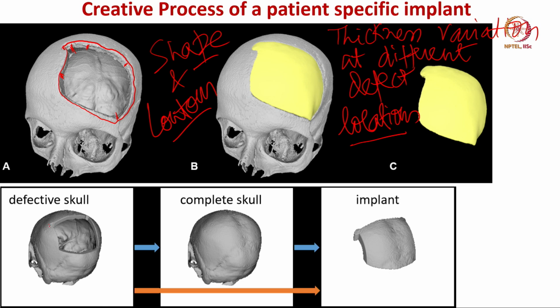You have a defective skull, where the defect is even much thicker, and you consider the complete skull. By subtracting the defective skull from the complete skull, that subtraction will give you the defect morphology, shape and thickness.